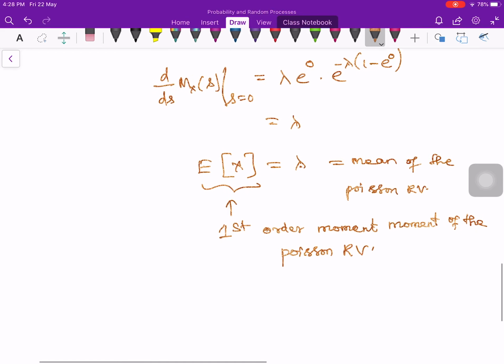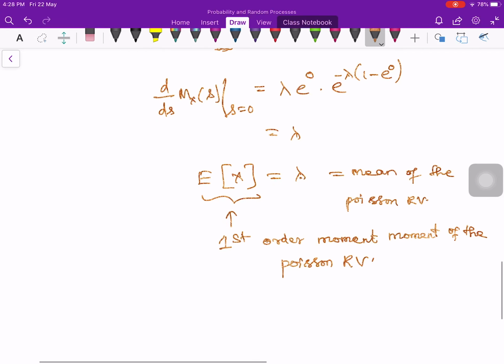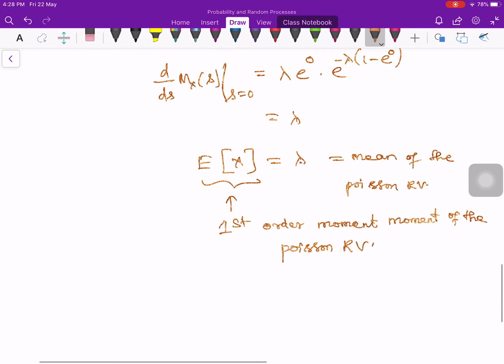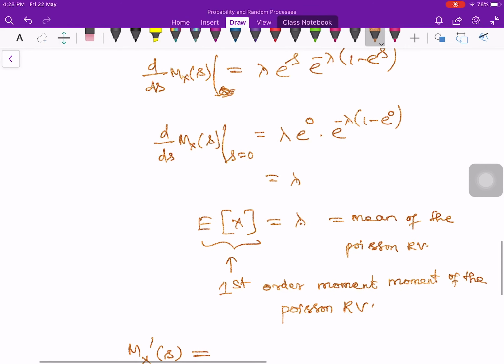Okay. Now differentiate one more time, then you'll get the second order moment. That we can do very easily. So let me denote the first order moment M sub X of s as M prime, which is equal to lambda times e power s times e power minus lambda times 1 minus e to the s.